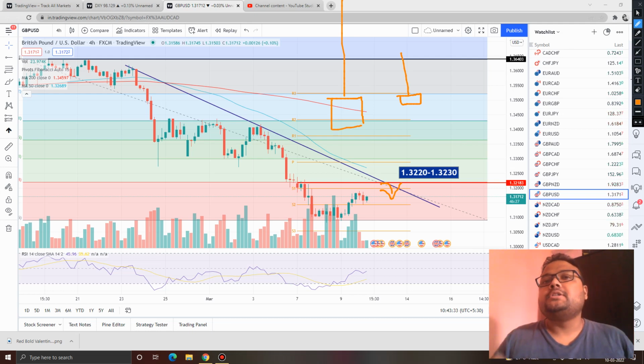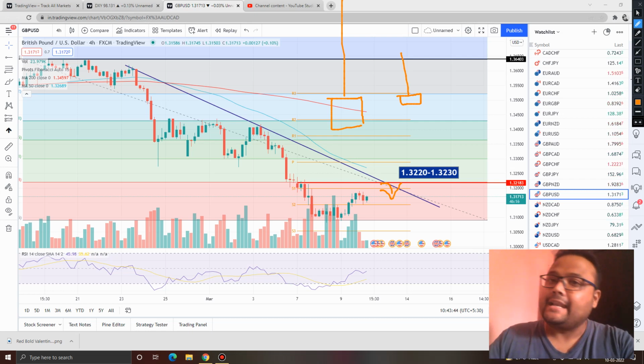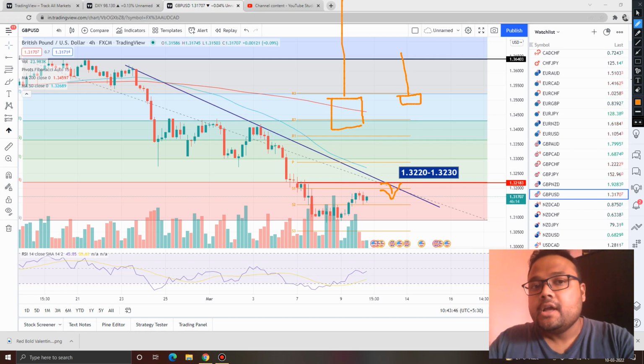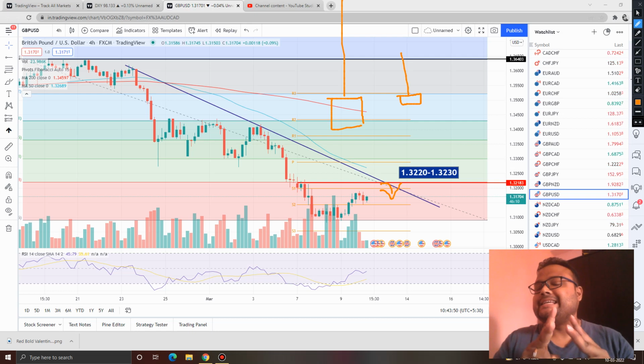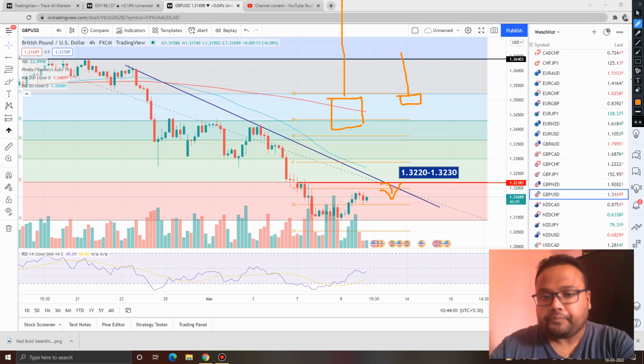Once you get confirmation that the market is struggling to cross this level, we can take a sell position around it. Because we have a trend line coming from the top as dynamic resistance, as well as the Fibonacci retracement levels. Combining these two factors, there is a good possibility of the market reversing from this level. And unlike the other pairs, we do not see good recovery on the GBP USD chart.